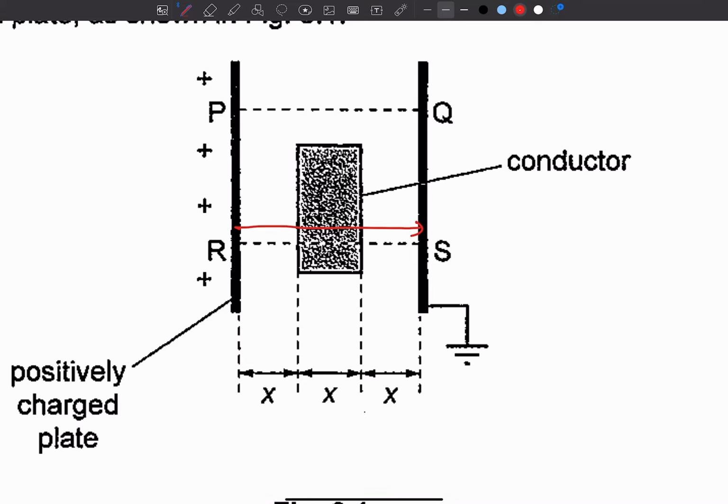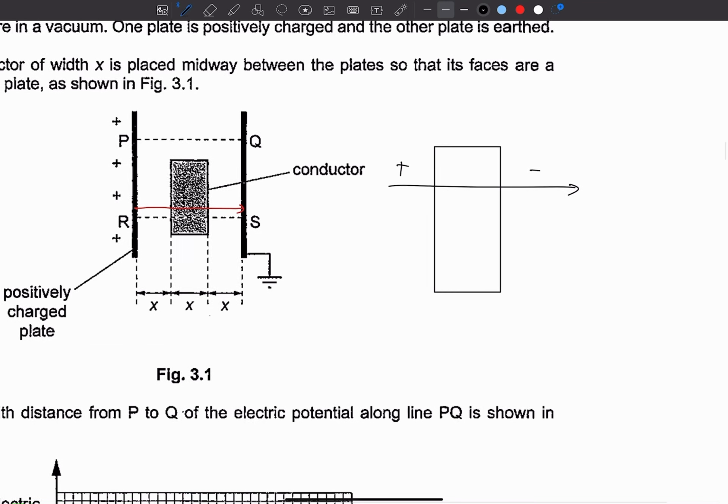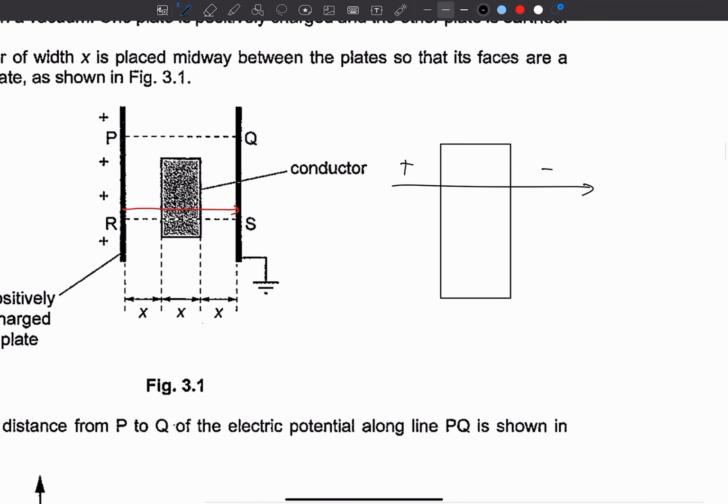And inside the conductor, let's draw another diagram on the side. So the E field passes this way, from positive to negative. Inside the conductor, there are electrons. So since opposite charges attract, the electrons will gather on the left hand side of the conductor.